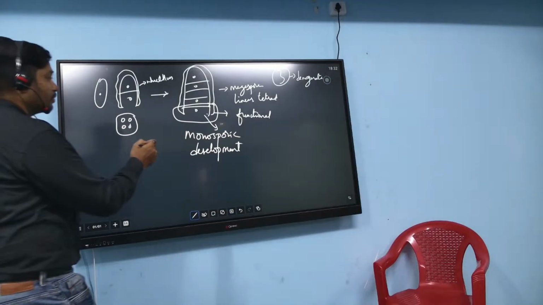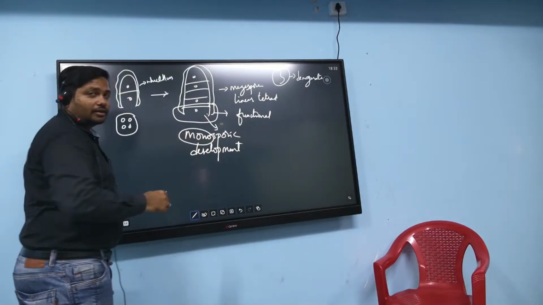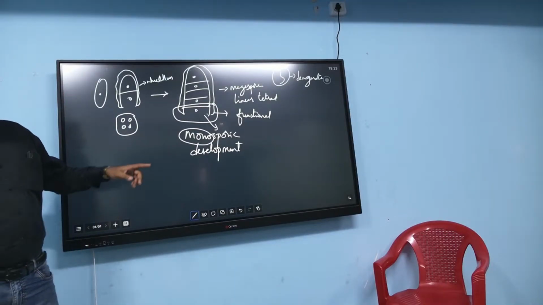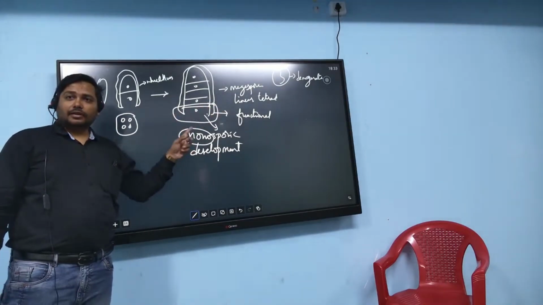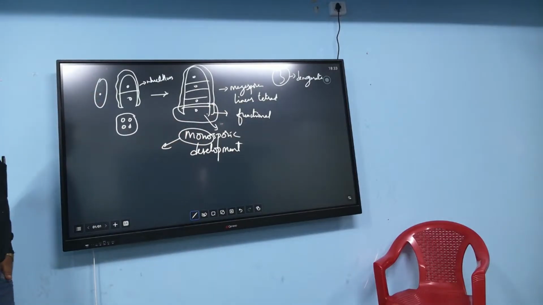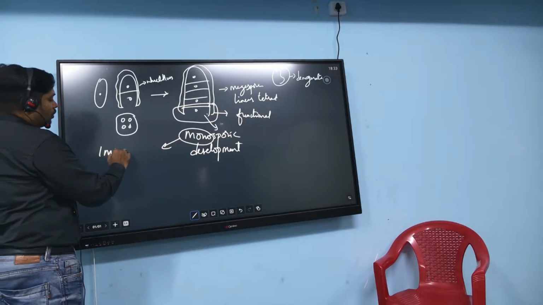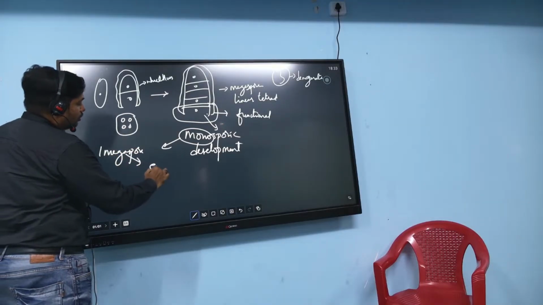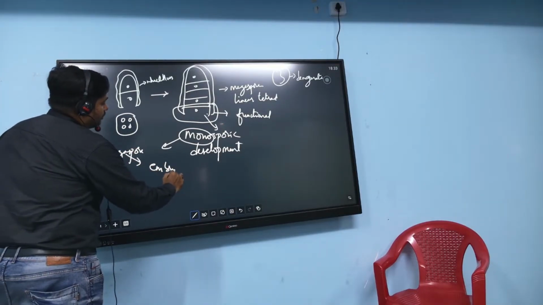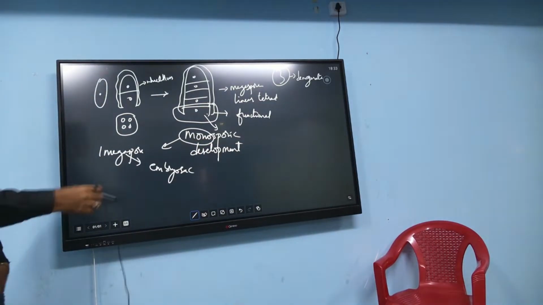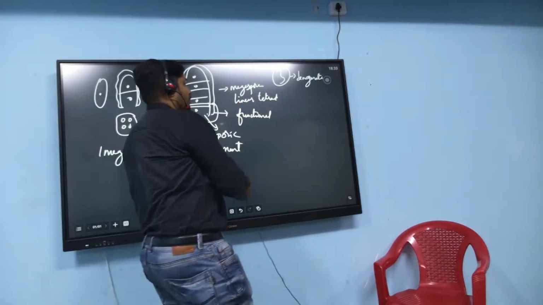Mono means single. So only one is getting converted. In monosporic development, one megaspore gets converted to the embryo sac.